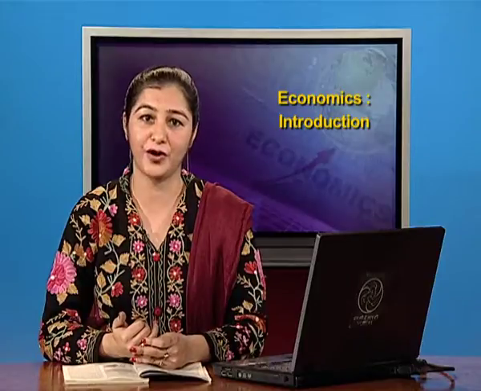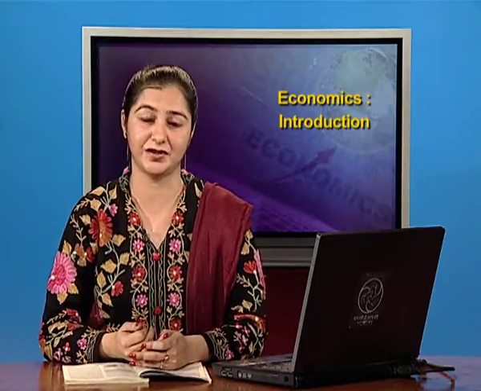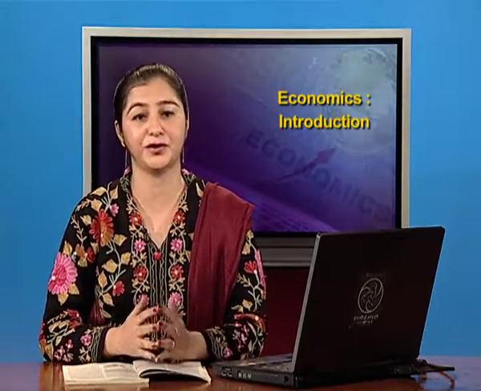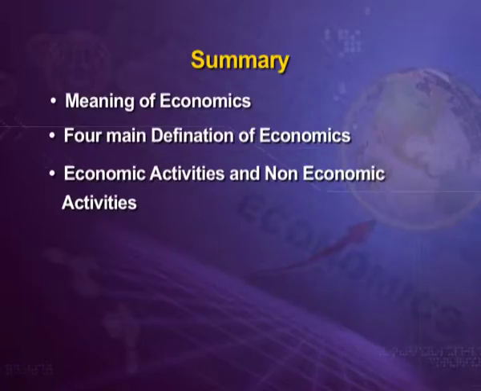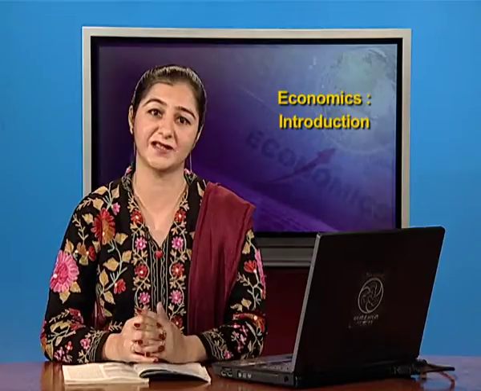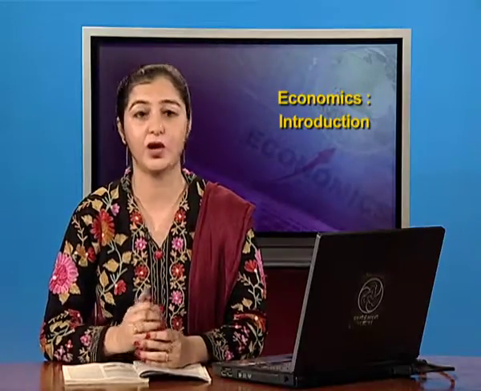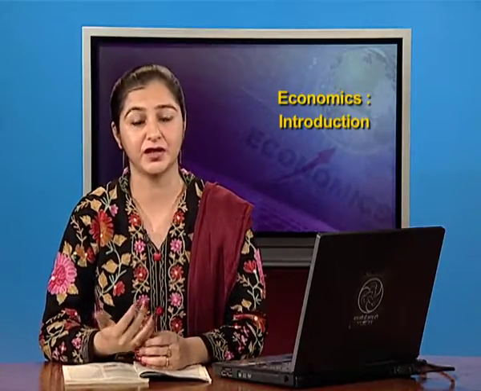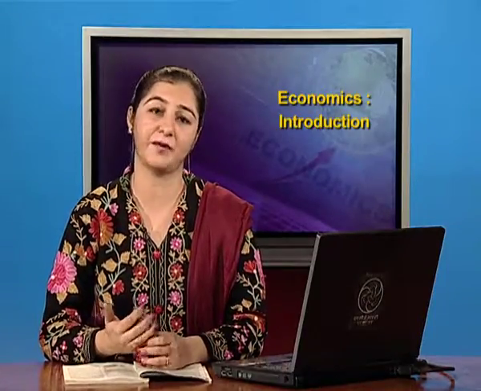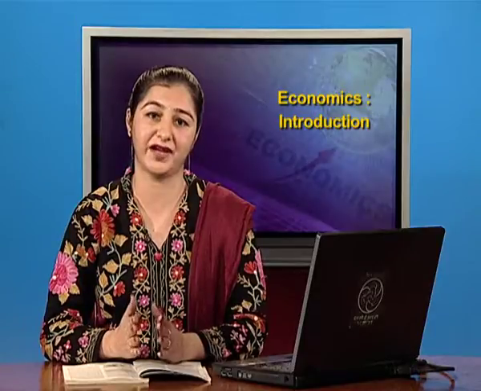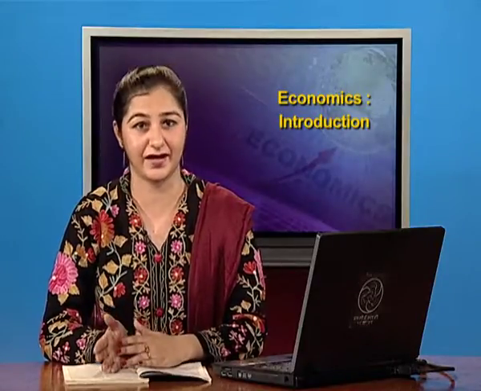Then we talked about Robbins and Samuelson's definitions. Then our focus shifted towards two types of activities, economic activities and non-economic activities. In economic activities, we explained the meaning of consumption, production and distribution, and their importance in our real life.